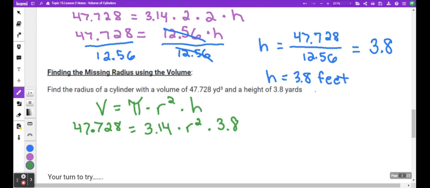And when I do that, that is going to give me 11.932. And we still have the times r to the second power there. On the left-hand side, we still have the 47.728. I'm going to divide both sides by 11.932. This will allow me to have my r to the second power by itself.